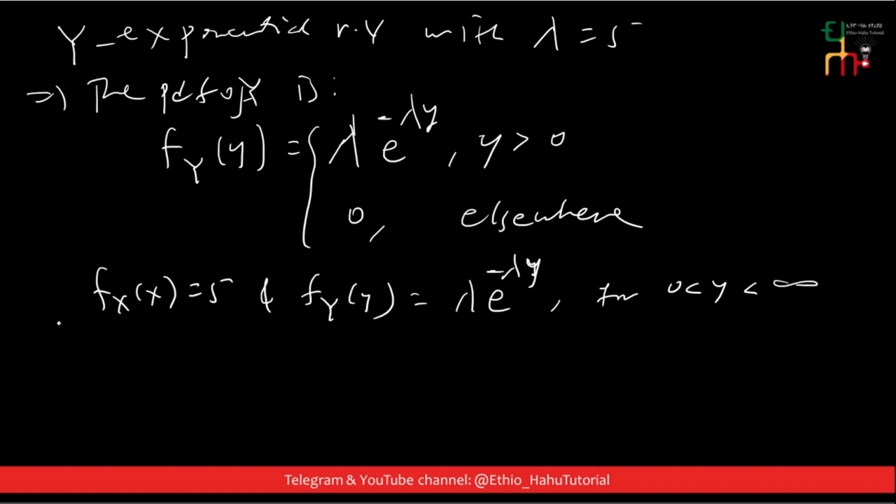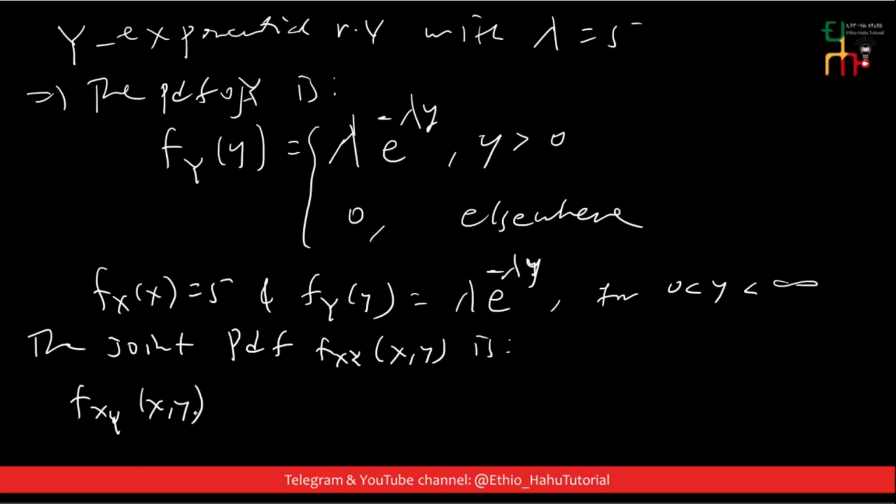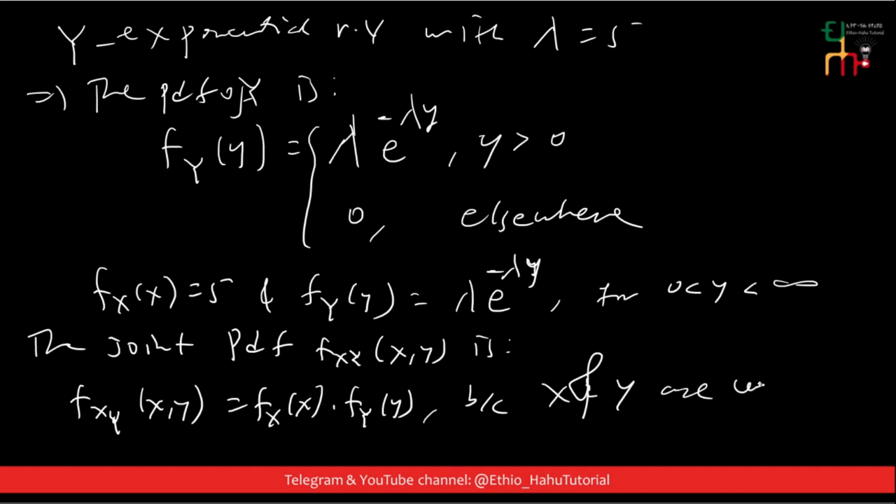So the joint probability density function f_XY(x,y) is equal to f_X(x) times f_Y(y), because x and y are independent.